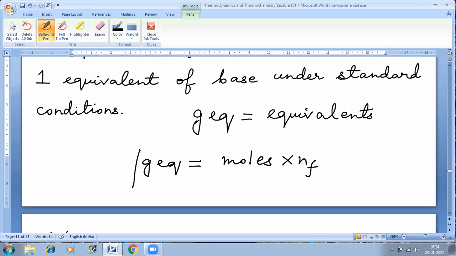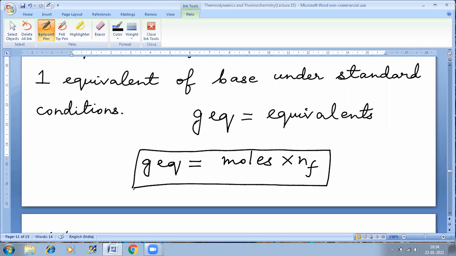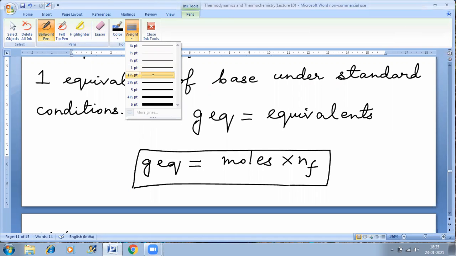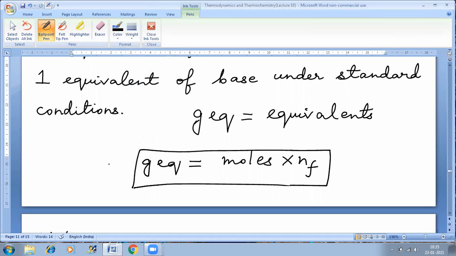You will need this for enthalpy of neutralization. GEQ is equal to number of moles multiplied by n factor. What is n factor? जैसा अभी हम लोगों ने किया एसिड्स के लिए और बेसिस के लिए. Okay, now ये आपको फॉर्मूला पर लिख लो, मैं मिटा दूंगा.